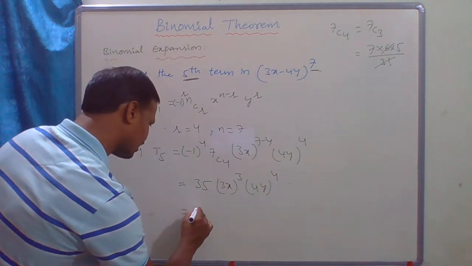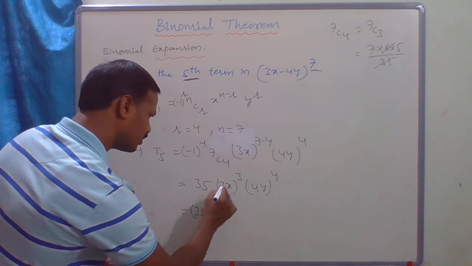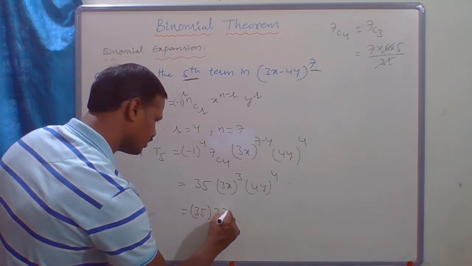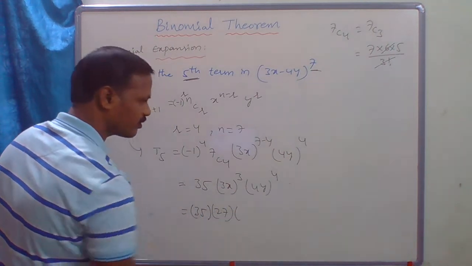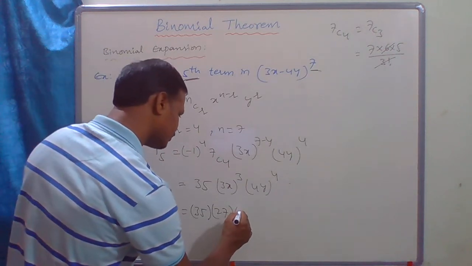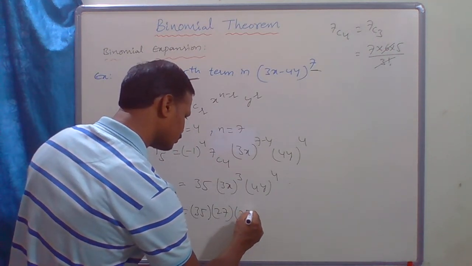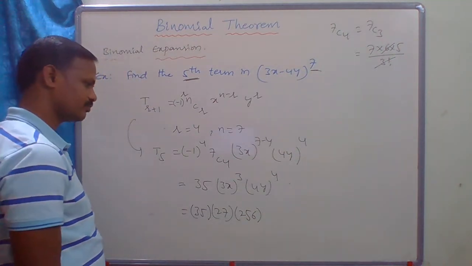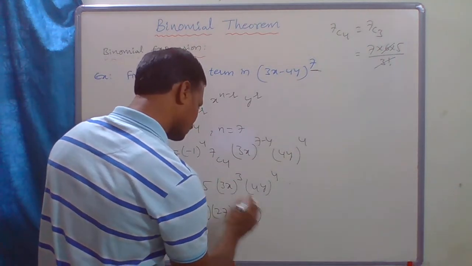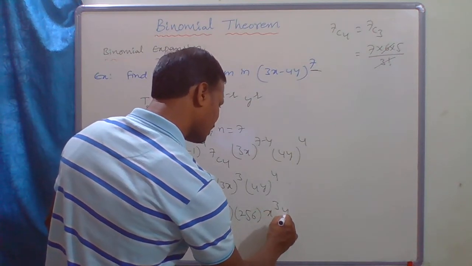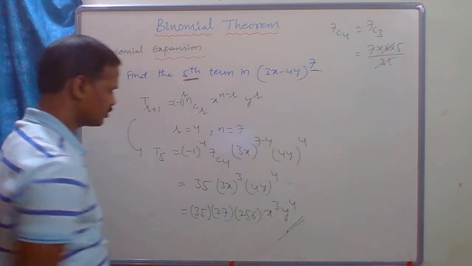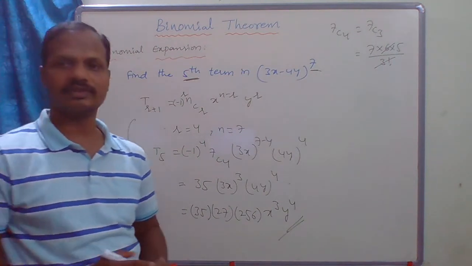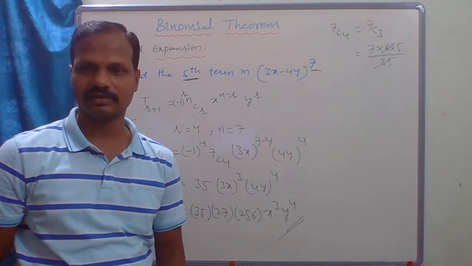Which equals 35 into 3 power 3, which is 27, into 4 power 4, which is 256, times x cube y power 4. So this is the fifth term in this expansion. Is it clear?